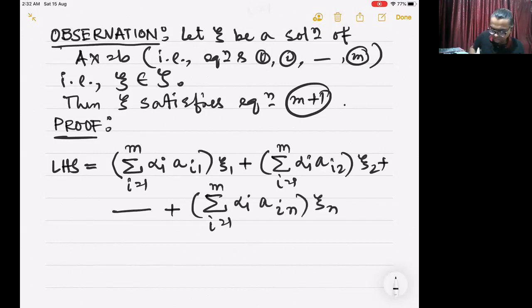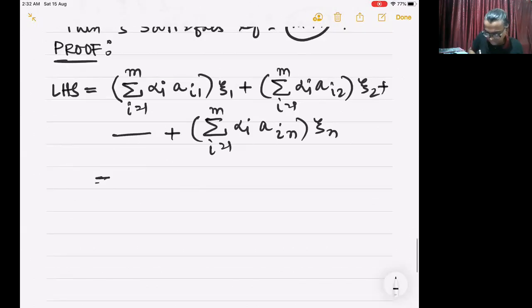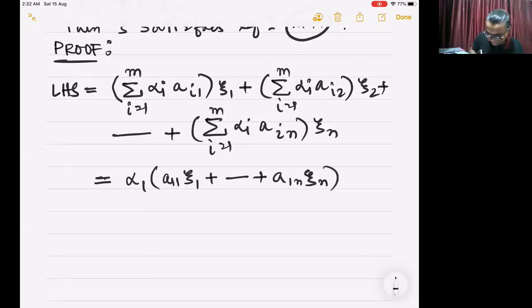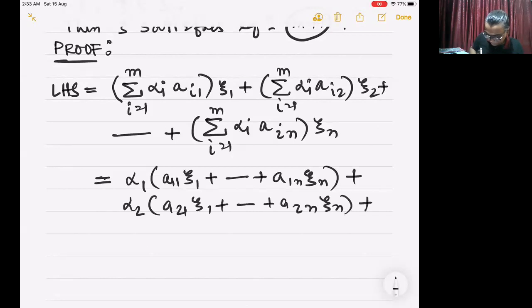But then we have already seen that this is nothing but alpha 1 into a11 xi1 plus dot dot dot a1n xi n plus alpha 2 a21 xi1 plus dot dot dot a2n xi n plus dot dot dot alpha m a m1 xi1 plus dot dot dot plus a m n xi n.